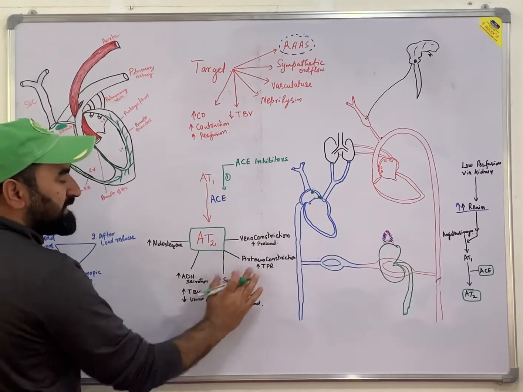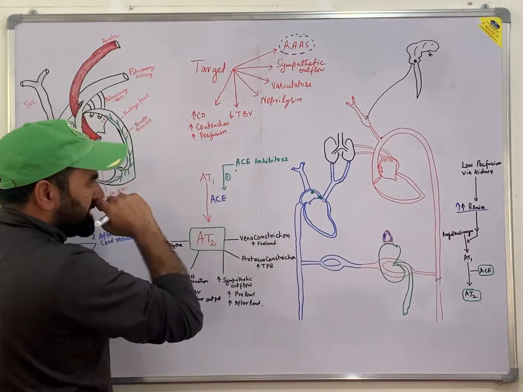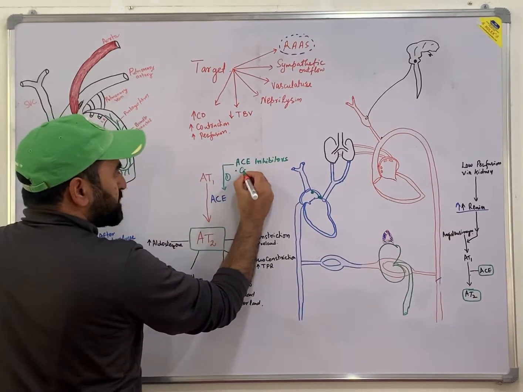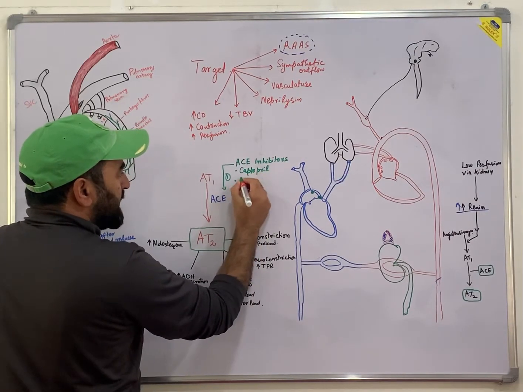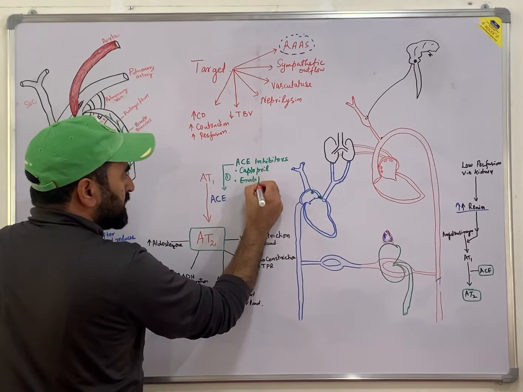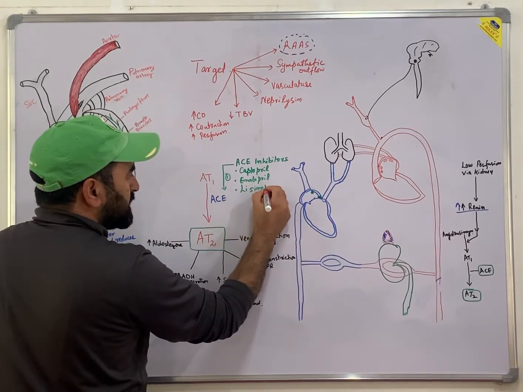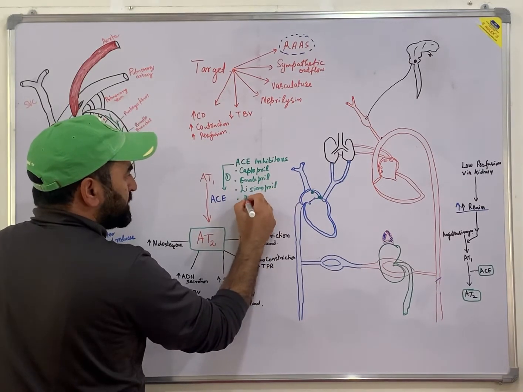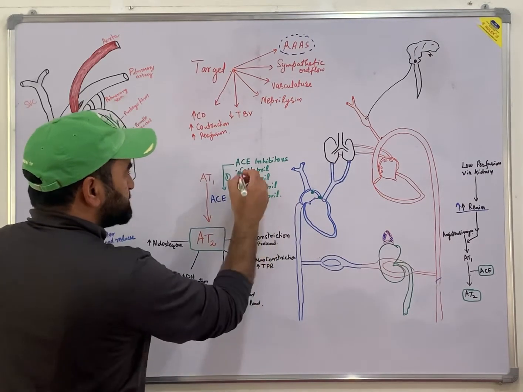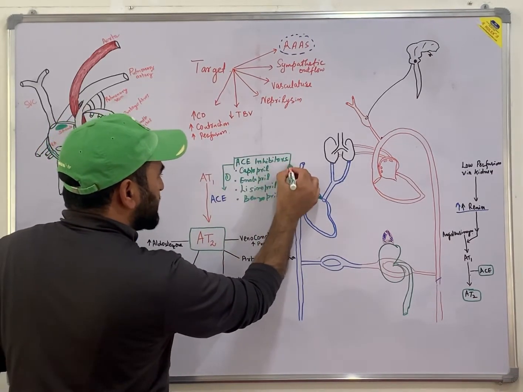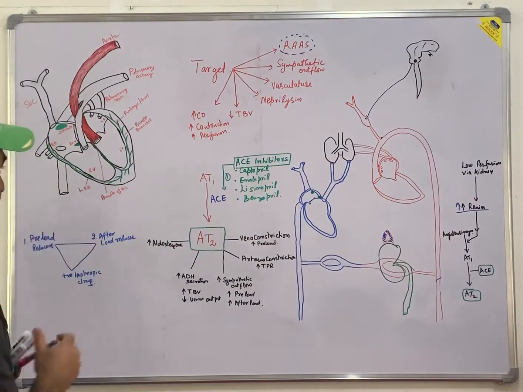And no such event will occur, that's a relief to the heart. What are the ACE inhibitors? It is captopril, enalapril, lisinopril, benazepril. Okay. Number one. This is your first ACE inhibitor.